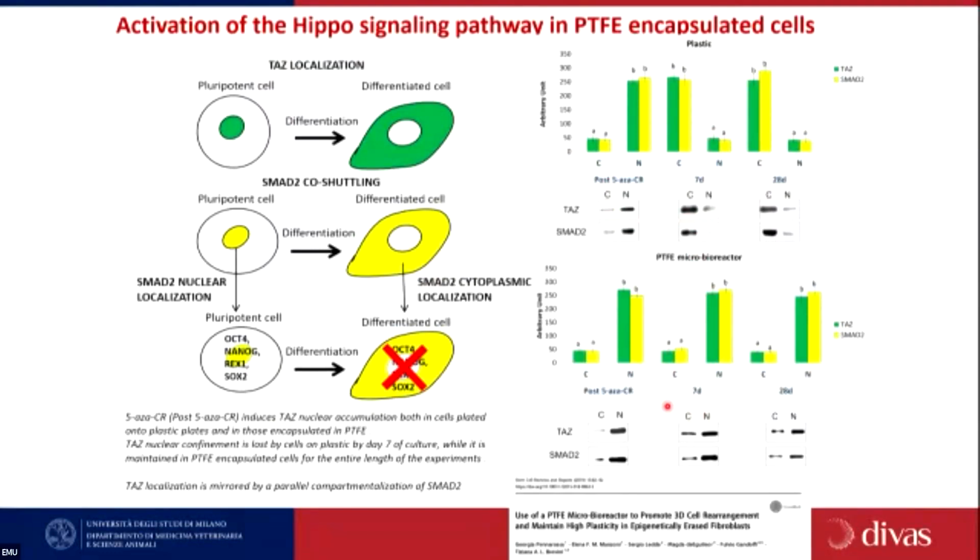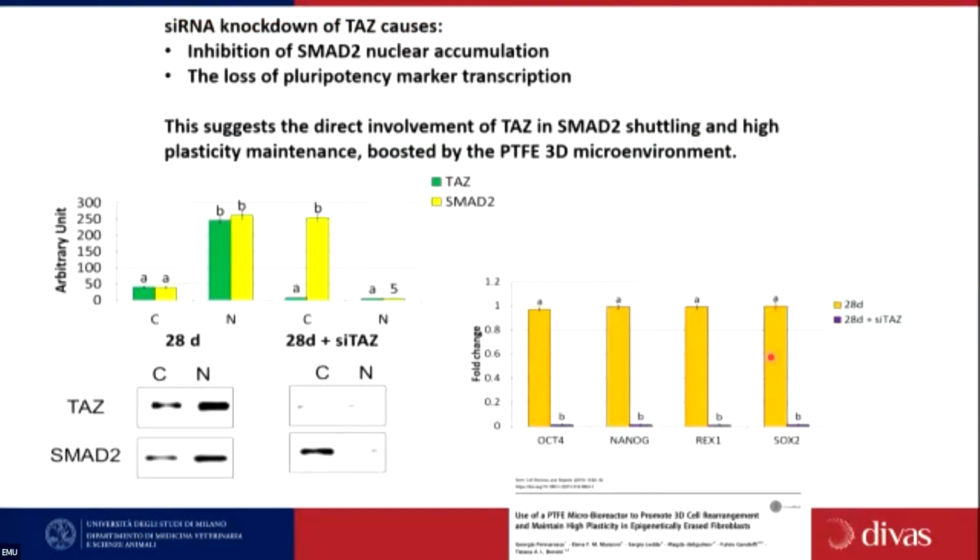In contrast, when we use the microbioreactor aggregation system, we can keep a nuclear compartmentalization of YAP, and therefore we can keep pluripotency for a much more extended period, suggesting that using the appropriate stiffness or the appropriate rearrangement, we can maintain cells in a certain phenotype and in a certain differentiated state.